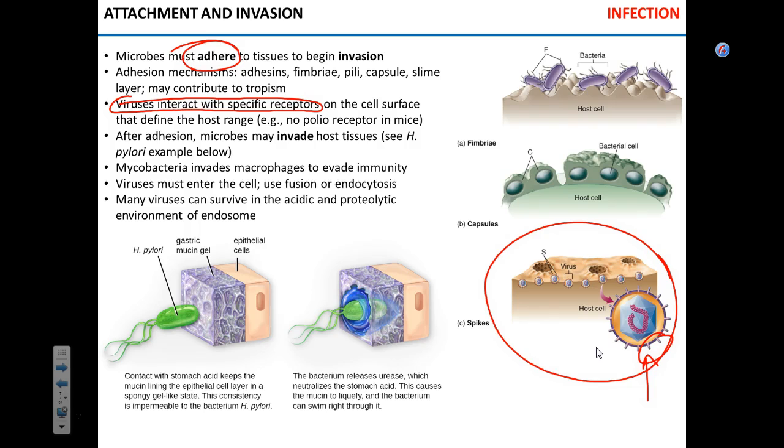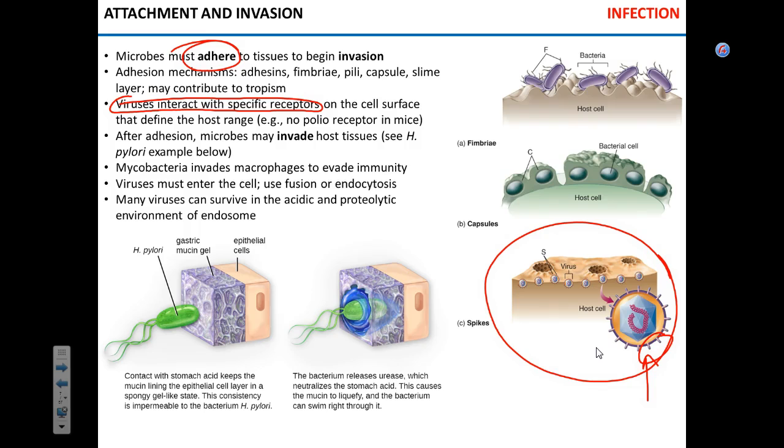Tropism of infection, tropism of the bacteria, tropism of the virus. When we say a disease is neurotropic or hepatotropic, where does it go? Neurotropic goes into the brain, CNS. Hepatotropic goes into the liver. Cardiotropic goes into the heart. Does that make sense? So tropism is the word that describes a sort of final destination of the microbe.